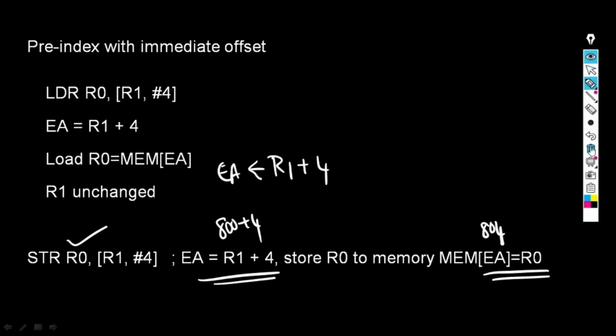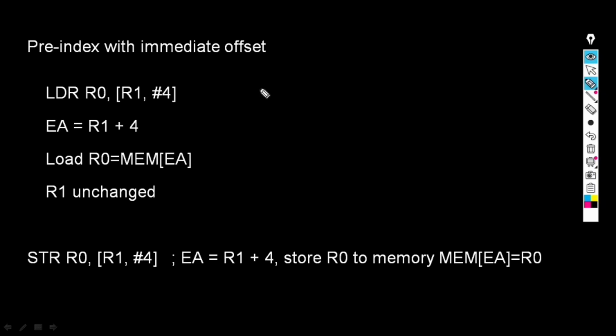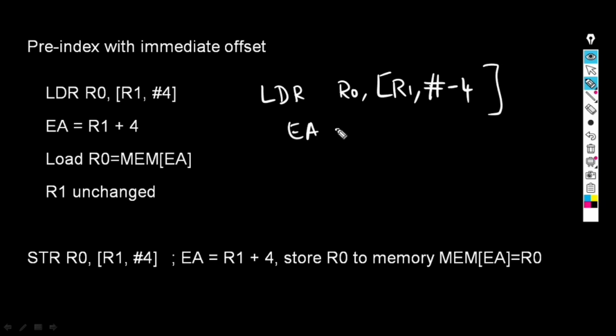But I think here one more thing we can consider. What if the instruction was LDR R0, [R1, #-4]? What would happen in this particular case? Here our effective address would be R1 minus 4.